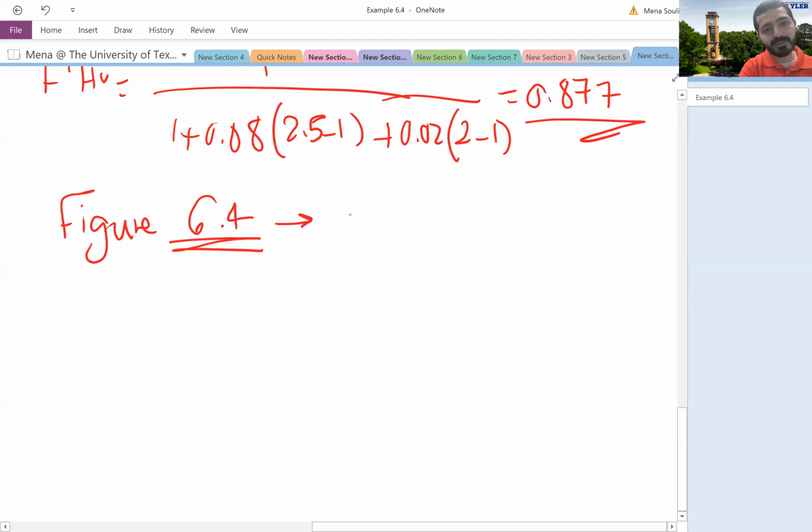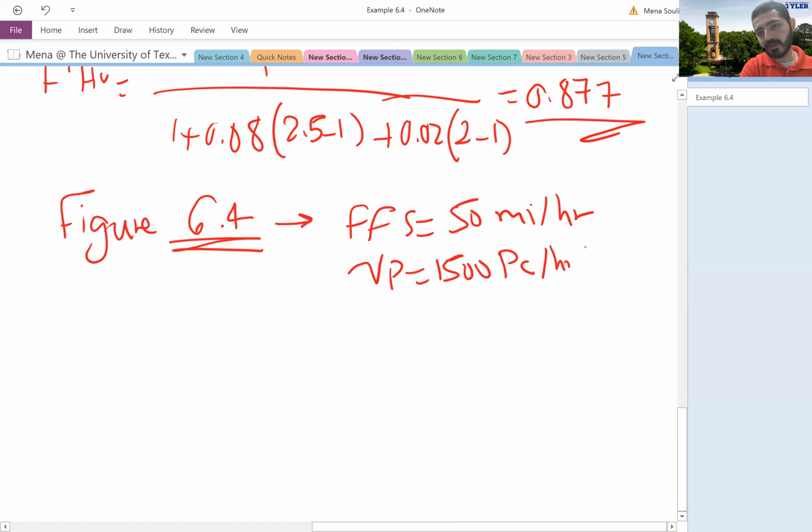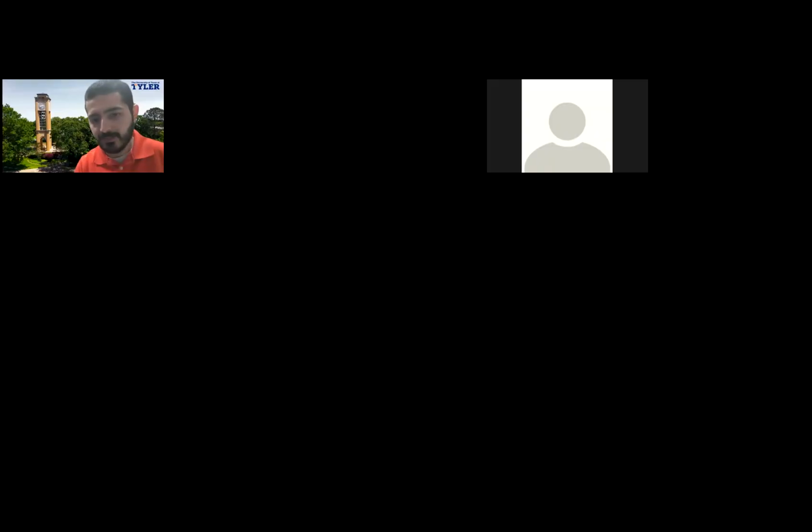The free flow speed FFS is equal to 50 miles per hour, and the VP is equal to 1500 passenger cars per hour per lane. So let's go to that graph in your textbook to get the level of service.